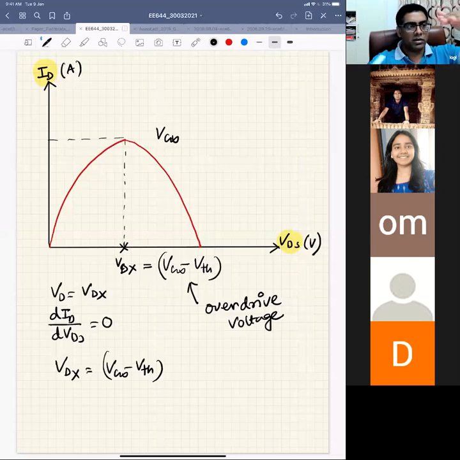If I go on increasing VDS, why would my current decrease after some time? That means this equation doesn't give you the full characteristics. So let's see what happens when you go on increasing the drain to source voltage.